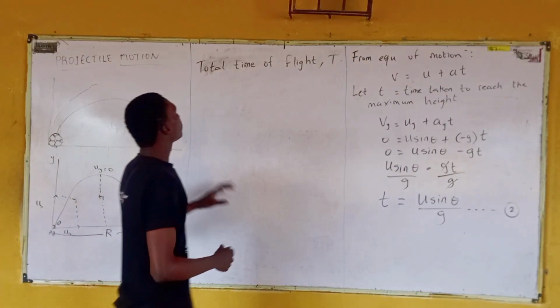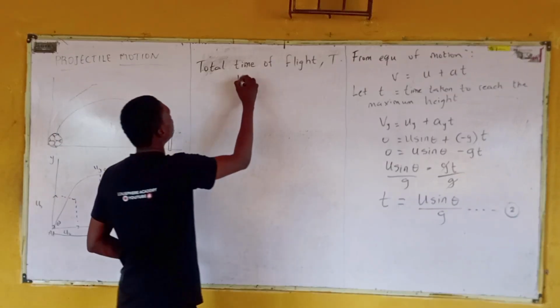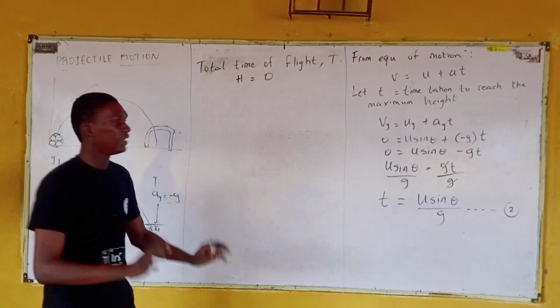Now, when this object lands on the ground, we can deduce that our h is 0. There is no height.